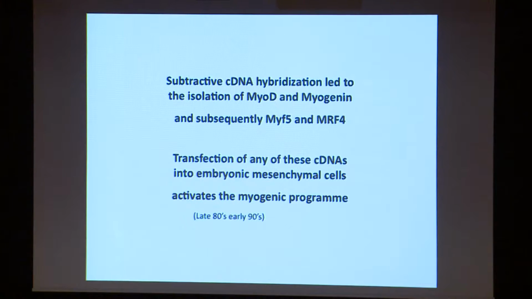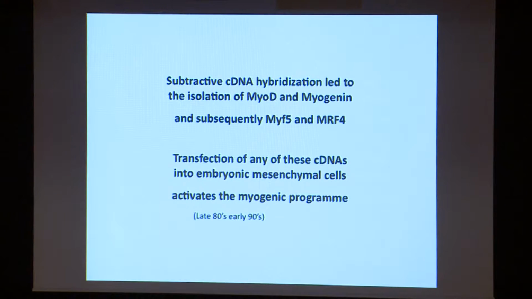So the series of studies, mostly based at this time on subtractive cDNA hybridization, led to the isolation of 4 genes that I mentioned at the beginning, which are MyoD, myogenin, and then MRF5 and MRF4. They received their name as muscle regulatory factors. At this time, they were also called muscle determination genes.